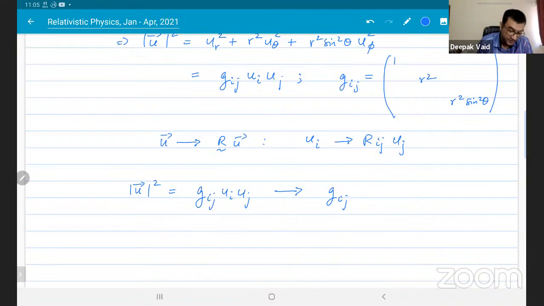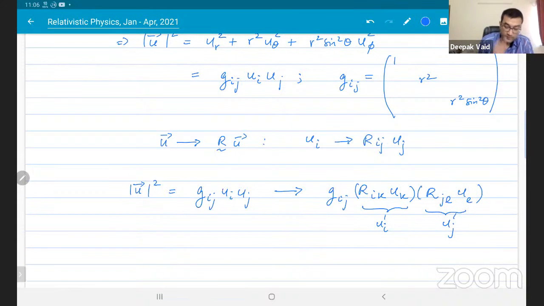Now, how should I write this u_i, the rotated one? I will write it like this: R_ik u_k. Right? So this is u_i prime, the u_i after rotation. What about the j component? I'll write that as R_jl u_l.